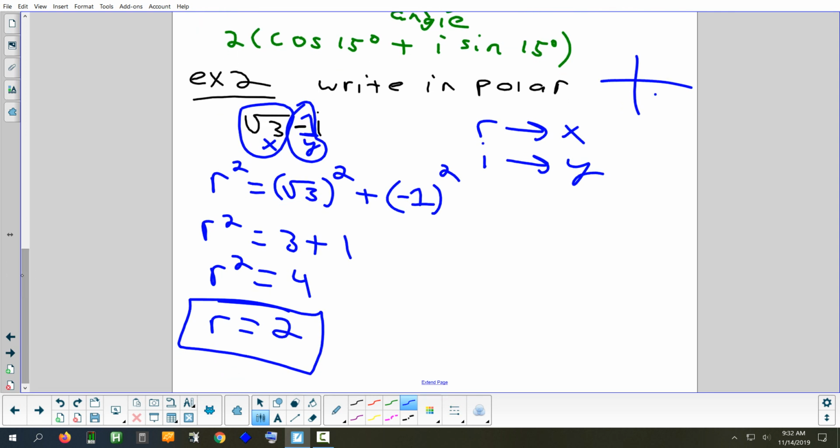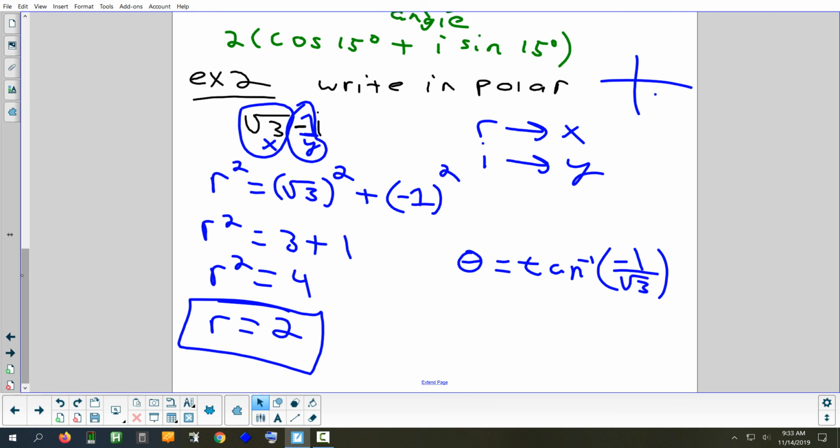What's the formula for theta if I'm in the 4th quadrant? Do I add 180? No, not in quadrant 4. Inverse tangent of, now look at what y and x are. Y over, what's x? Square root of 3.